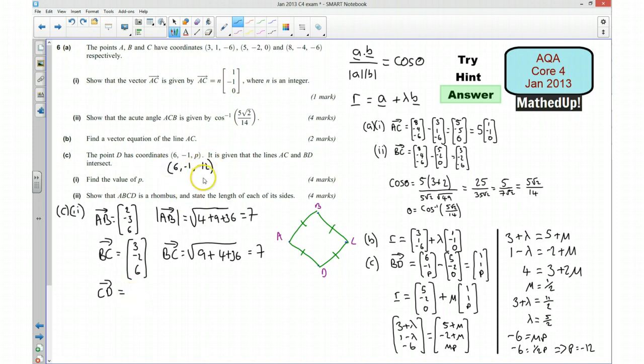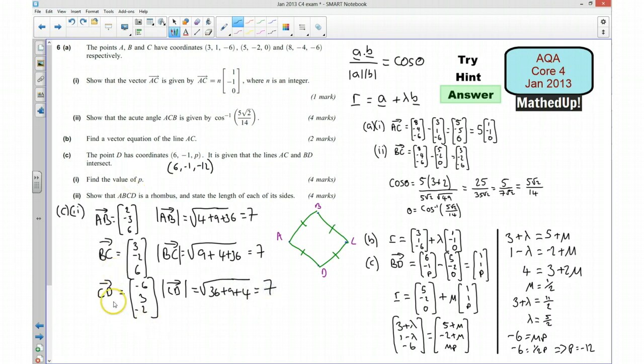So CD is the position vector of D take away the position vector of C. That's negative 12 take away negative 6, which is negative 6; negative 1 take away negative 4, which is 3; and 6 take away 8, which gives us negative 2. And again, the magnitude of CD is going to be the square root of 36 plus 9 plus 4, which again is equal to 7.